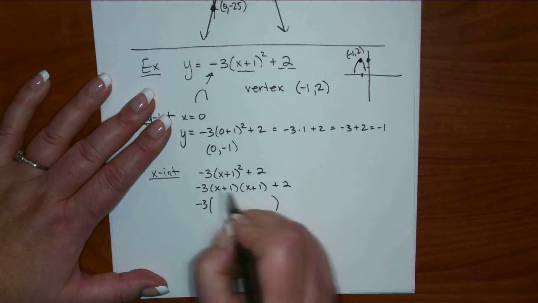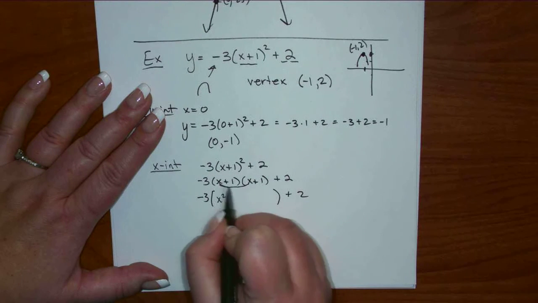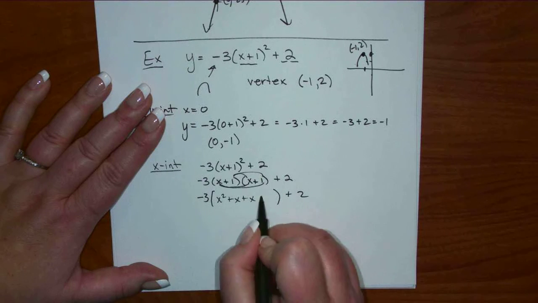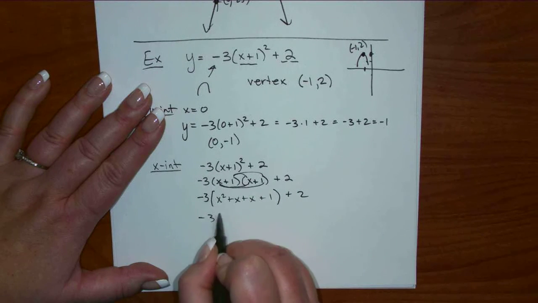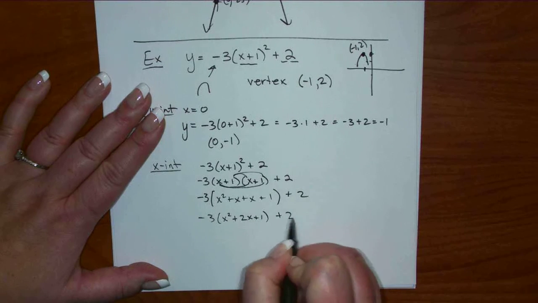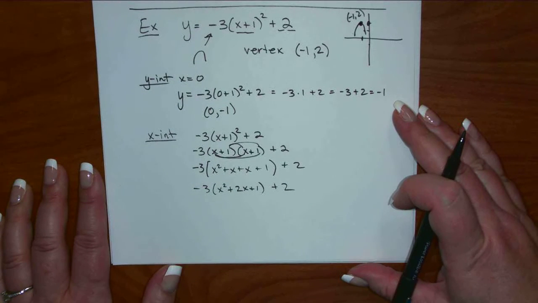FOIL that out. So this would be x squared plus x plus x plus 1, and then the 3 has to go through.